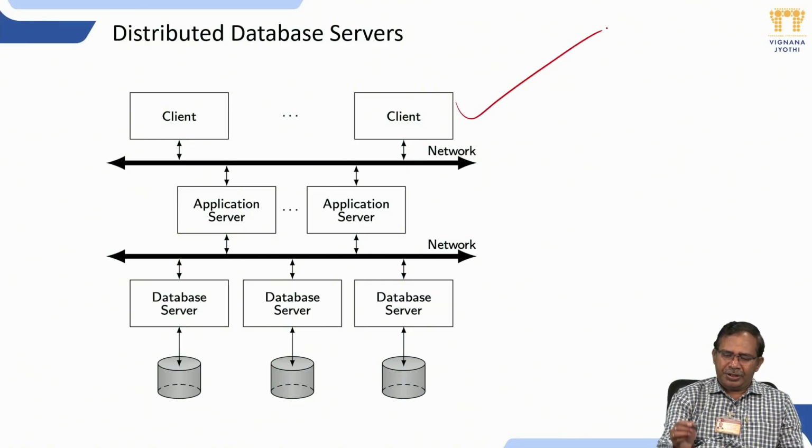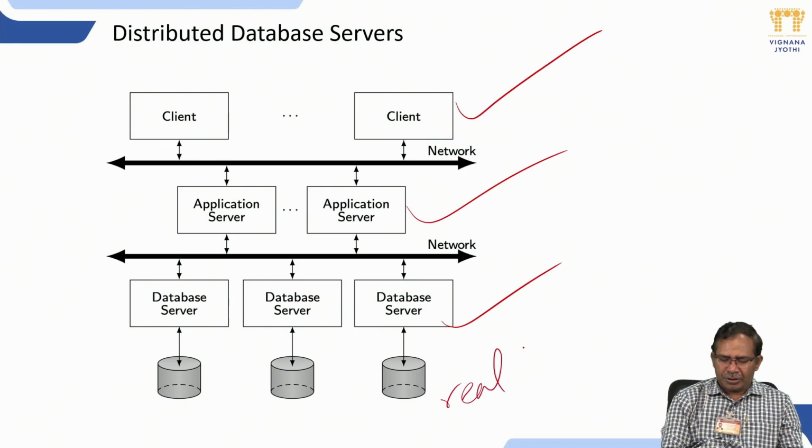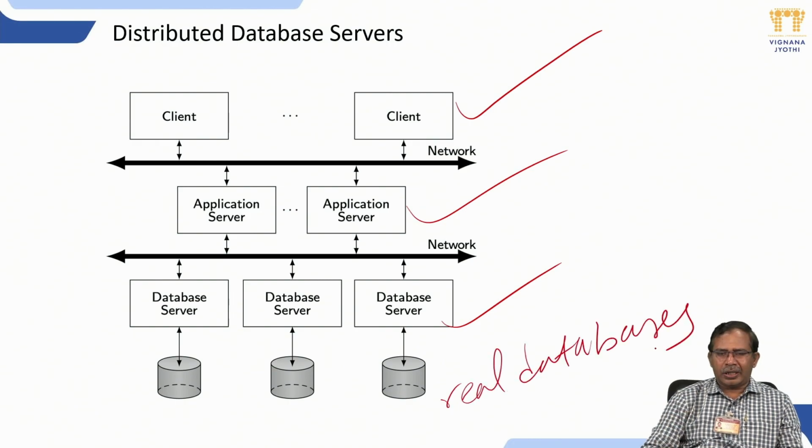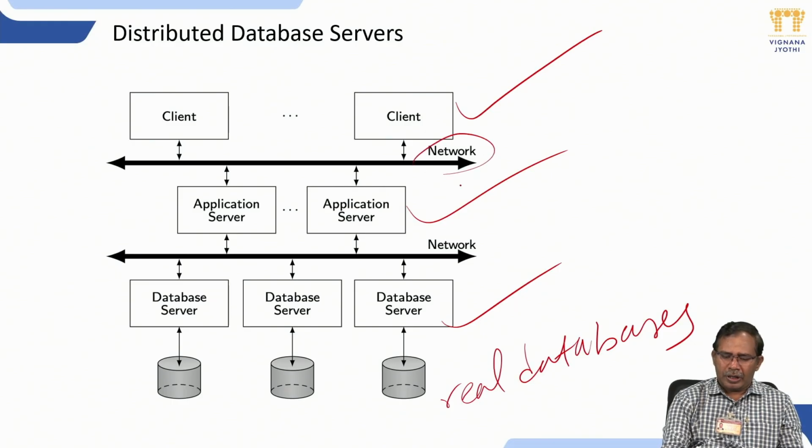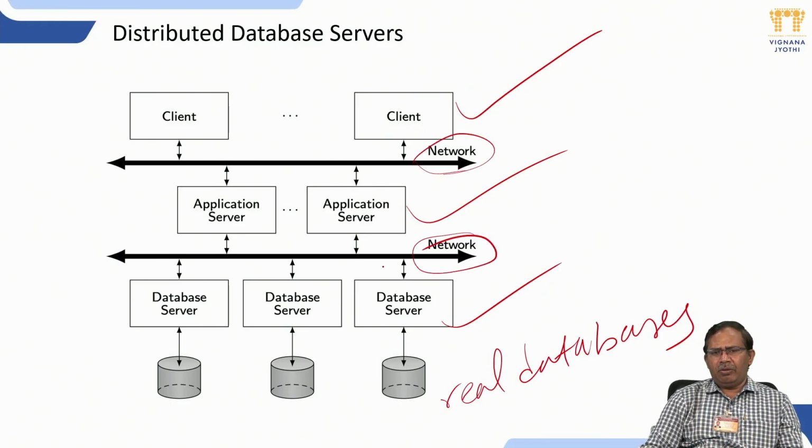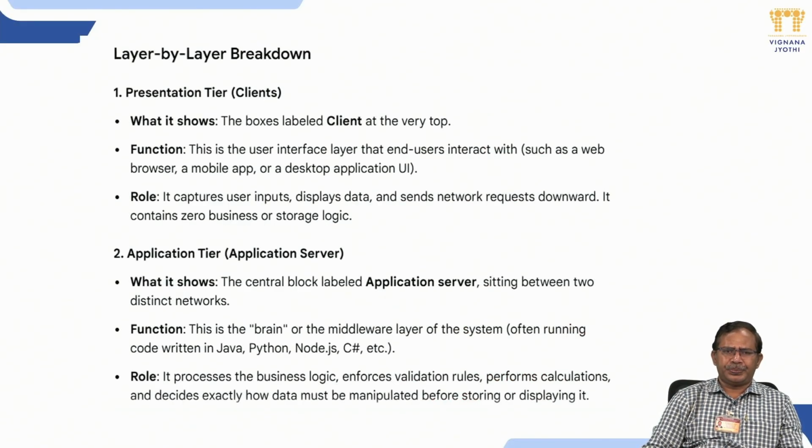Here we have the clients layer, the application server layer, the database servers layer, and the real databases, all connected over a network. This network connects the different components scattered across the world.